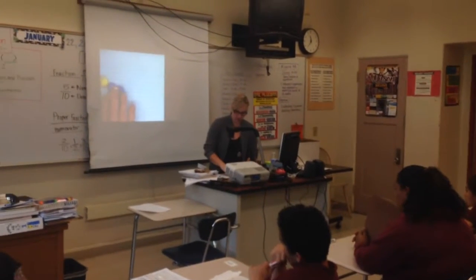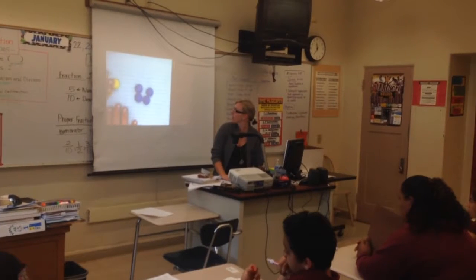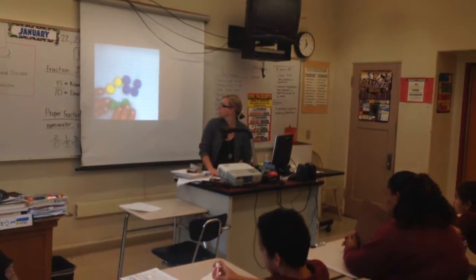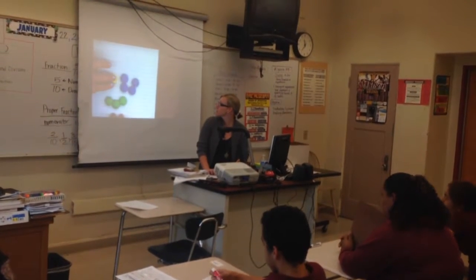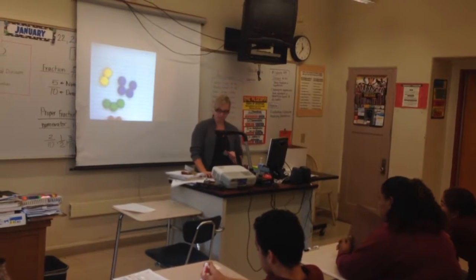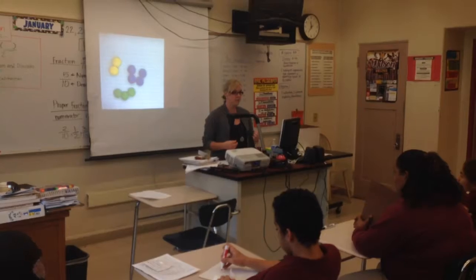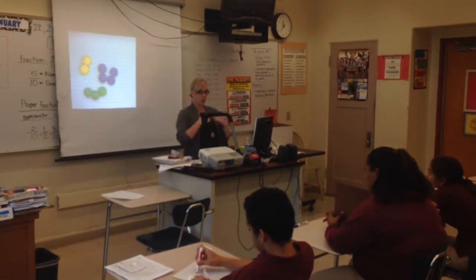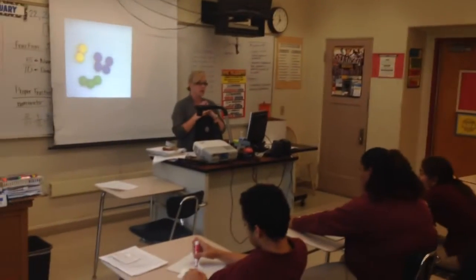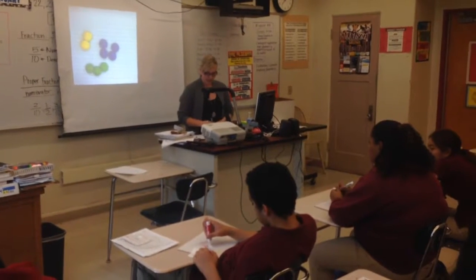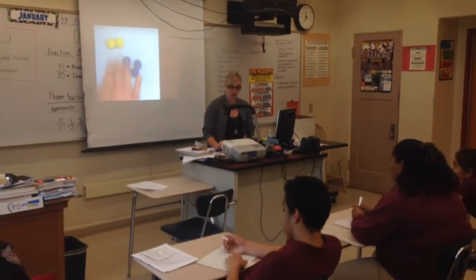So, for example, in this bag I have 3 greens, 2 yellows, and 4 blues. What I first want to see you do is write me a proper fraction using the total amount of M&Ms. For example, I'm going to choose 2 yellows first.